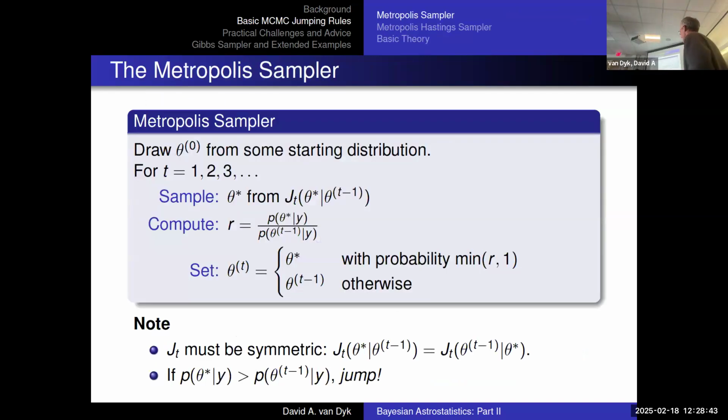Okay, so this is a little more concrete, hopefully. How do these things actually work? How do I build a Markov chain Monte Carlo? The simplest one is called the Metropolis sampler. So I draw theta from some starting distribution. So I just get a starting value somehow.